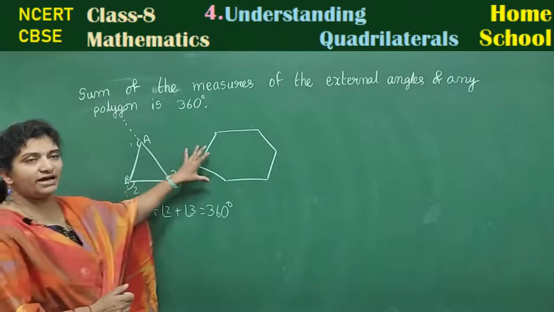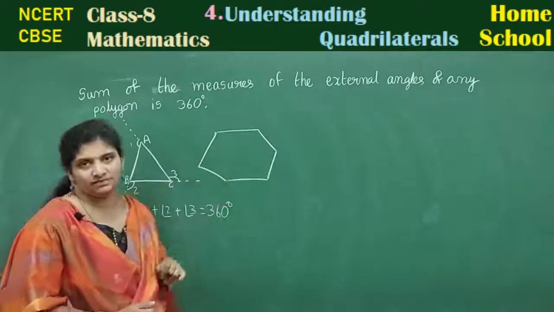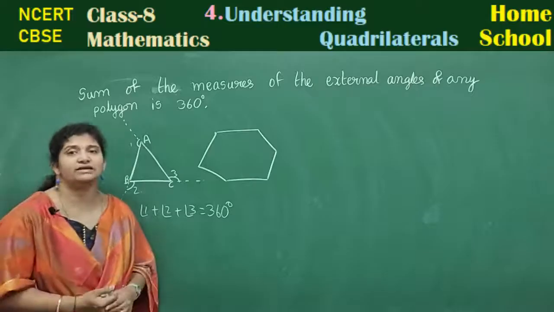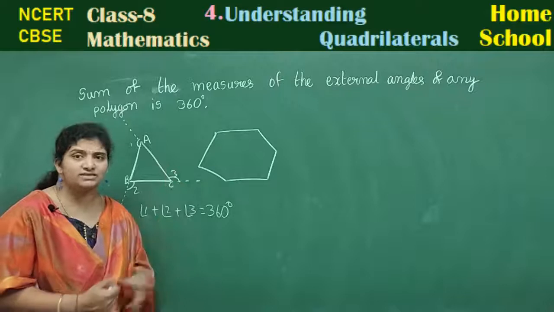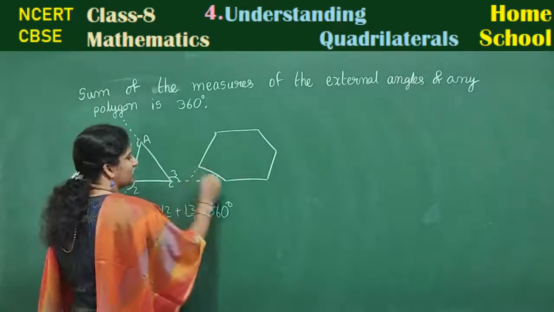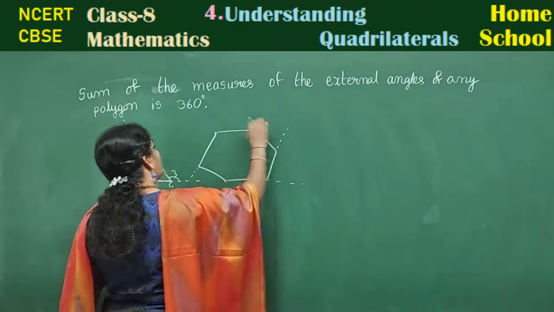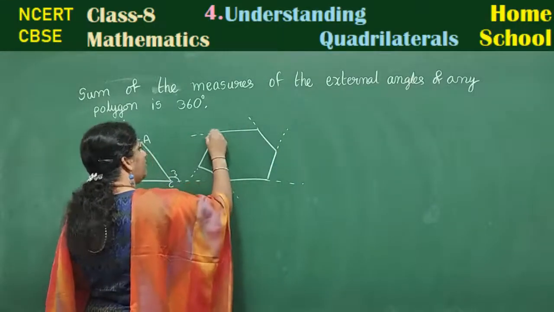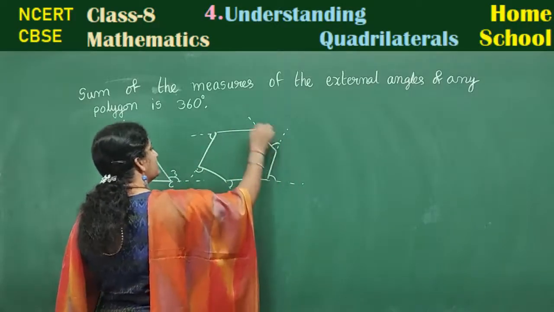Similarly, how many sides do you have here? 1, 2, 3, 4, 5, 6. 6 sides. It is a hexagon. This is a polygon and what is its name? Hexagon. Where are the exterior angles? Let me extend like this. Okay, this angle plus this angle plus this.